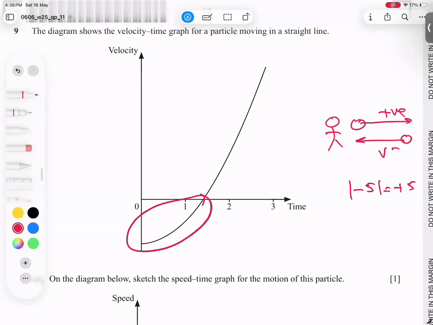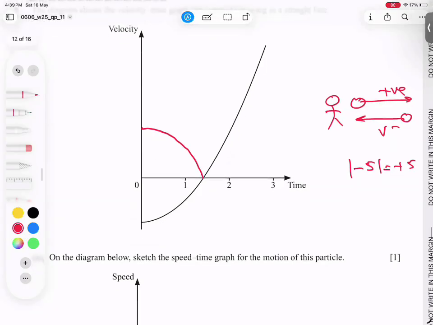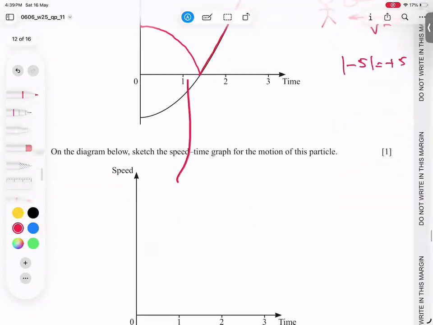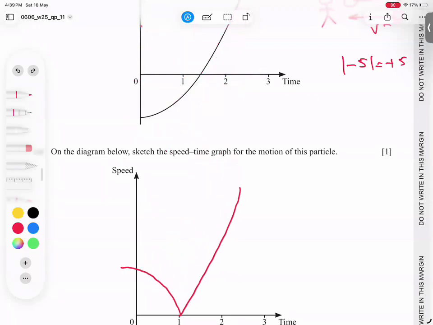So this portion will become positive, and the distance will go up the same distance. I hope the point is very clear. Somewhere here. So this kind of graph I will get, and the remaining graph remains the same, no problem at all. So I should bring this down. Oh, sorry, this one is my answer. I hope the point is very clear.